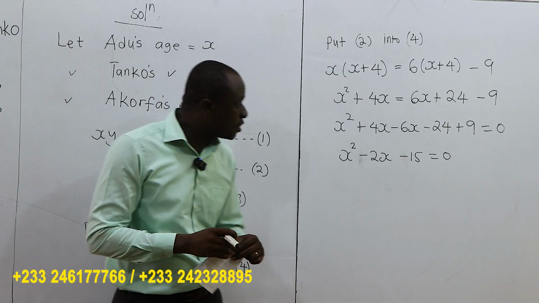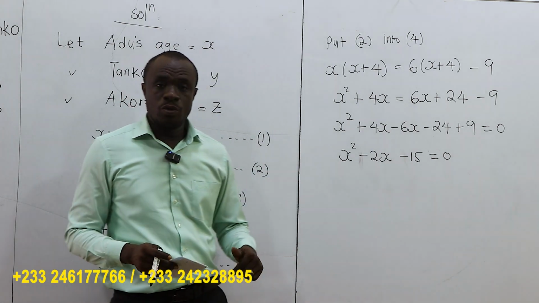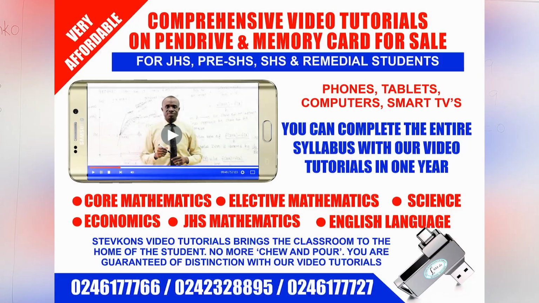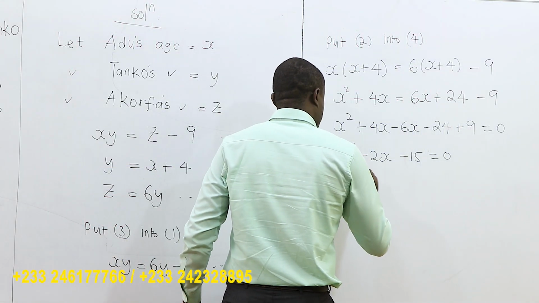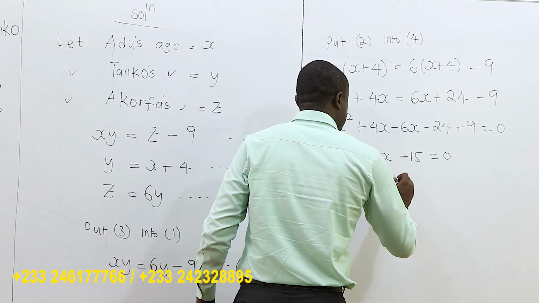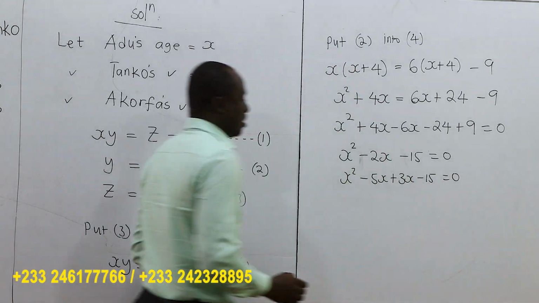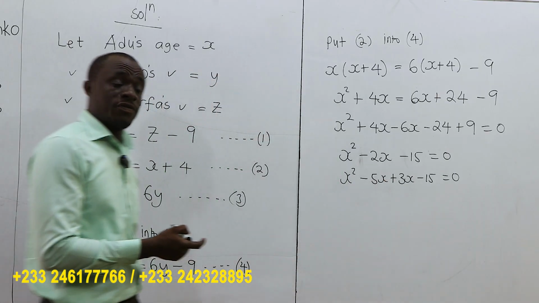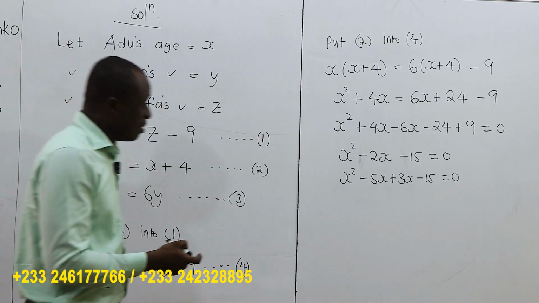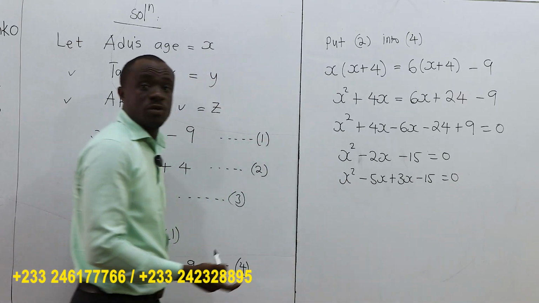Now, two numbers which when you multiply give negative 15 and when you add give negative 2: that is negative 5 and positive 3. So we have X squared minus 5X plus 3X minus 15, equal to 0. Now we factorize the two pairs of terms. We have X squared minus 5X; what's the common factor?